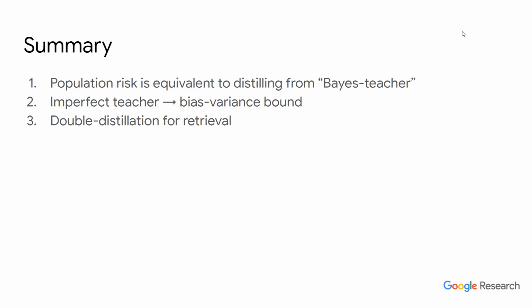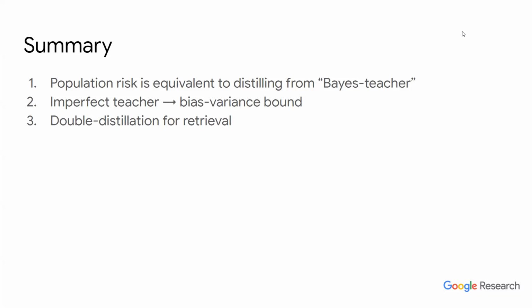The reason why is that when you do that, we are getting closer to the Bayes risk, not the empirical risk. So that's why we want to do this kind of smoothing, or use a well-calibrated teacher. Also, an imperfect teacher can still give you good performance as long as you have lower variance and lower bias when you're predicting this label distribution.